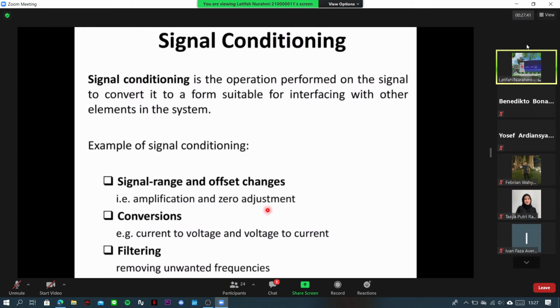From the name zero adjustment, you adjust the place of the zero. Also it can be conversions: you want to convert from voltage to current or current to voltage. It depends on the requirements of your system. And also filtering. Filtering aims to remove the unwanted frequencies, or what we call noise.